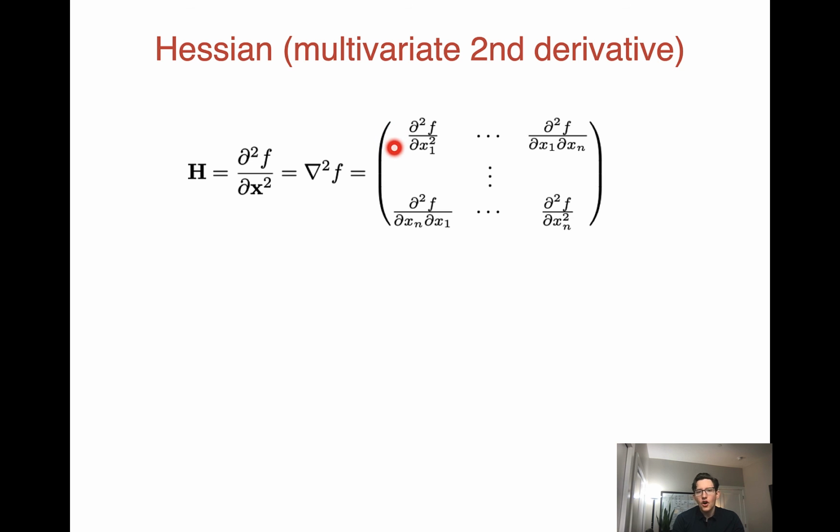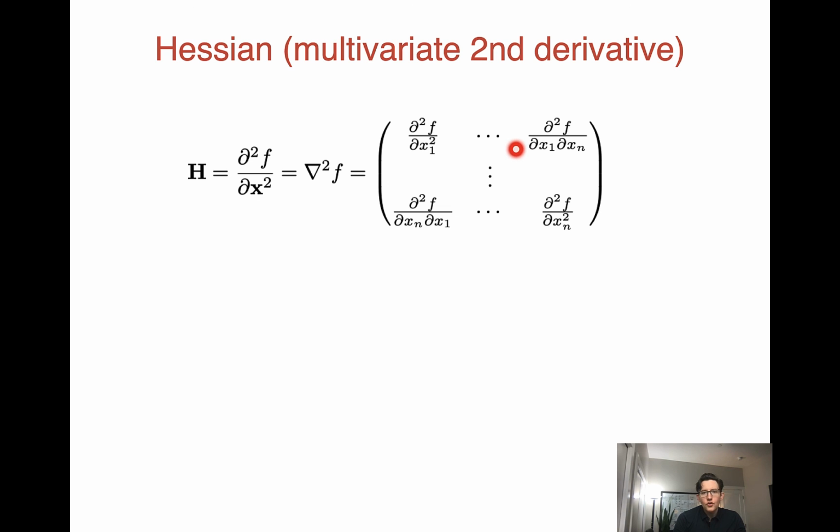The diagonal entries are the second partial derivative of the function with respect to each variable. So second derivative of f with respect to x1. Same thing across the whole diagonal. So the bottom right entry is second derivative of f with respect to xn.